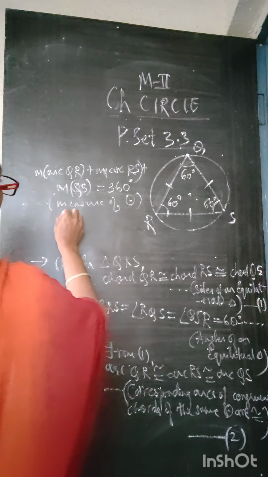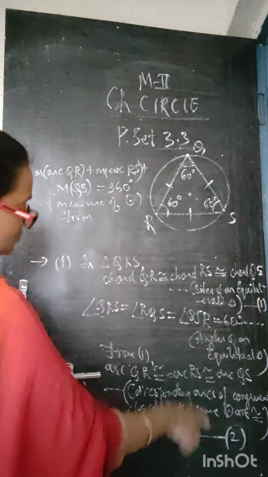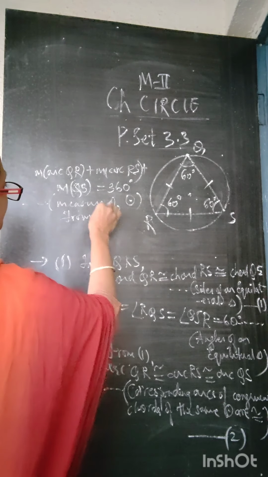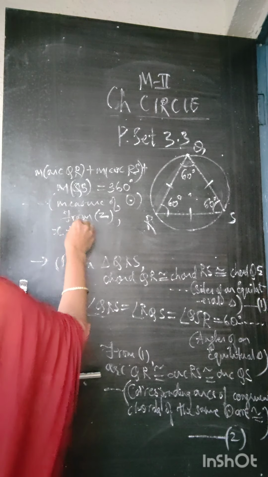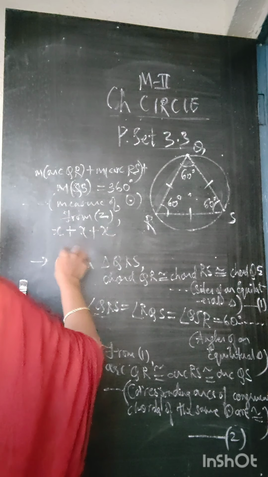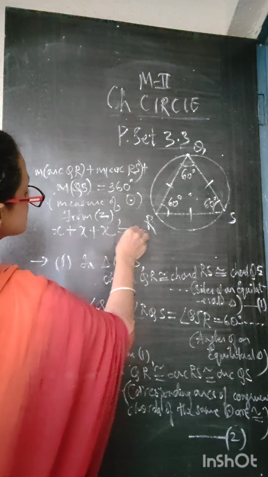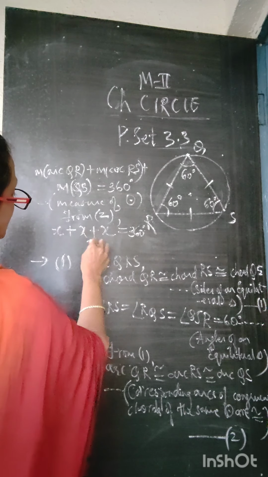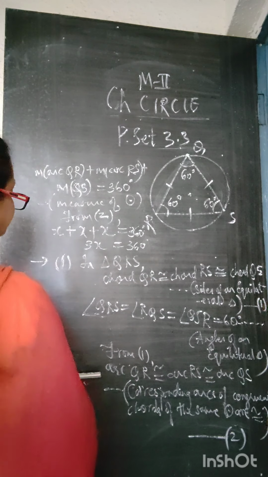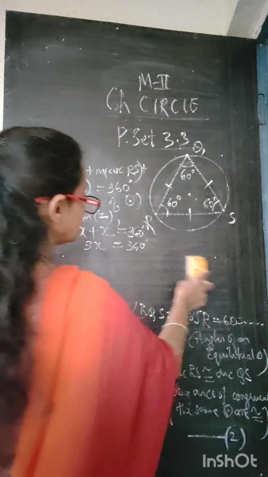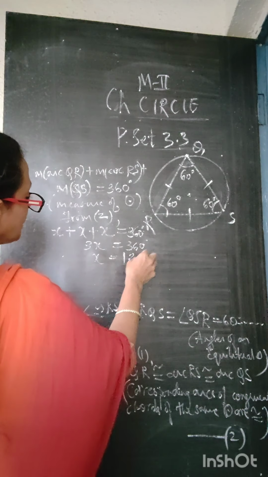And what is the equation number of these congruent arcs? From 2, each of the arcs is x, so x plus x plus x is equal to 360. So 3x is 360, and the x value is 360 upon 3, which is 120.